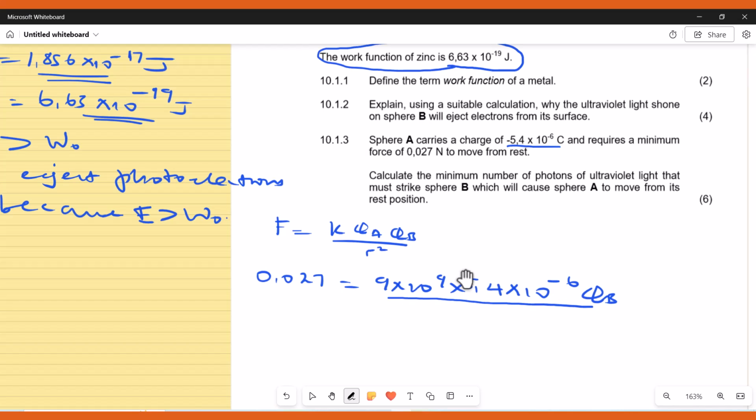So the distance is 0,1 meters, as you can see on the diagram here.